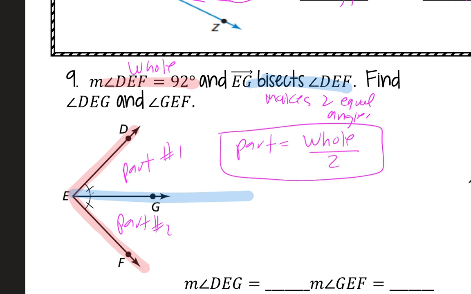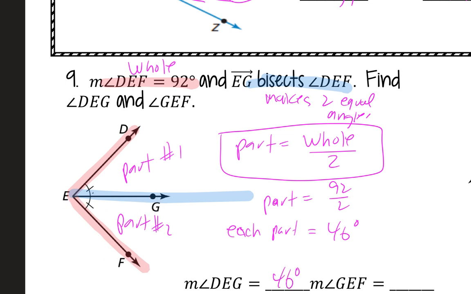Okay, so if they want to find those, we said the part equals the whole thing divided by 2, right? So if that's the case, that means the part equals 92 divided by 2, which is equal to 46 degrees. So each part is 46 degrees. So that means angle DEG is 46 degrees.